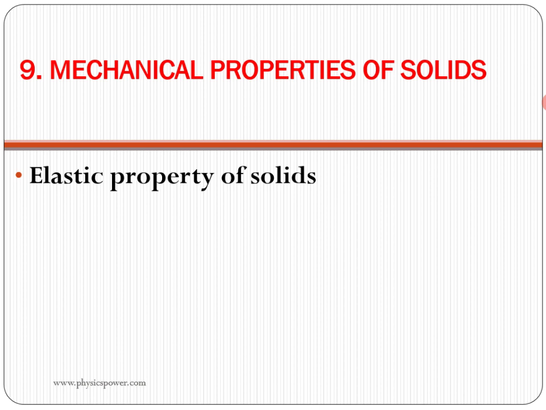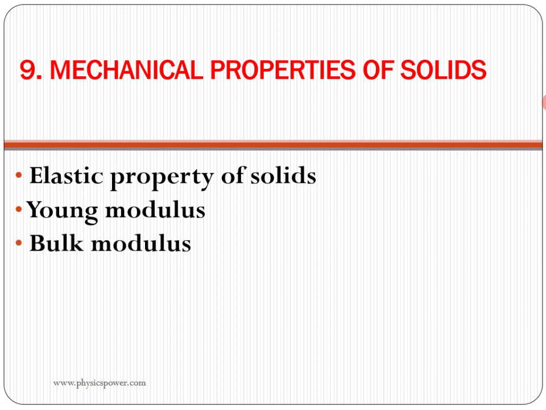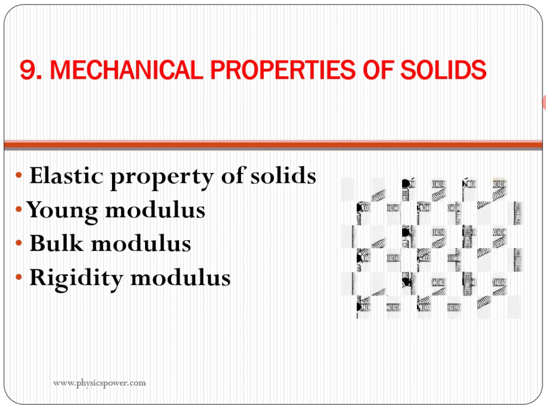It can regain its original shape and position. That elastic property will be detailed in this lesson. In particular, by defining some physical quantities, Young's modulus, bulk modulus, rigidity modulus, with those moduli the total elastic properties are explained in this lesson.